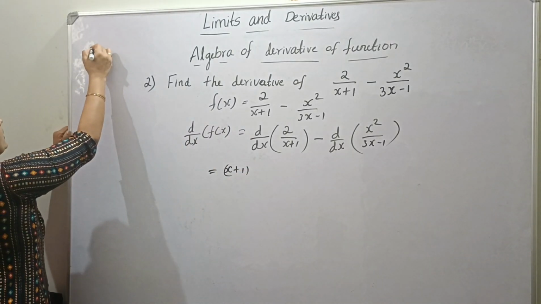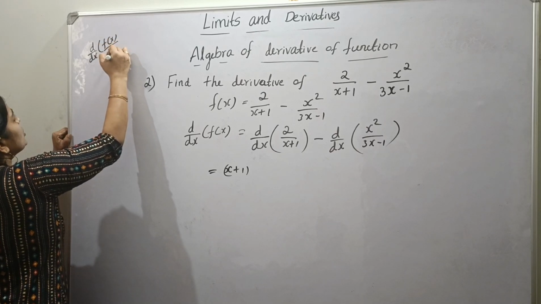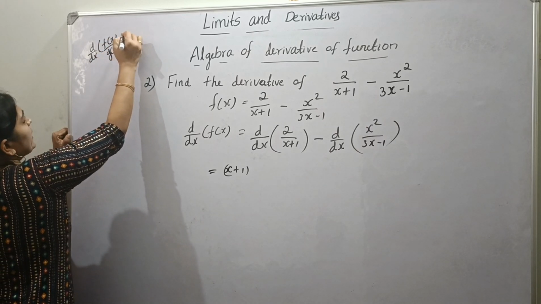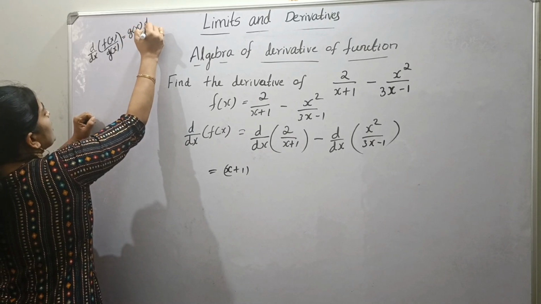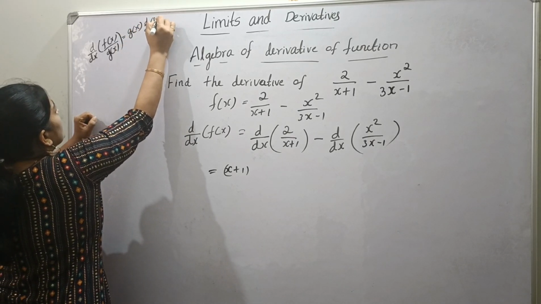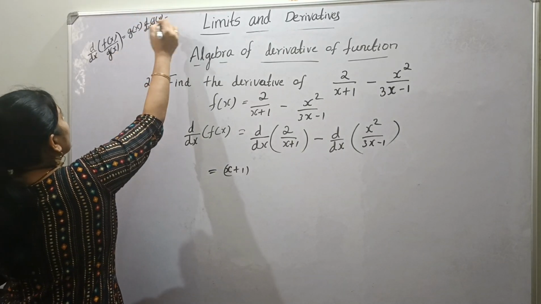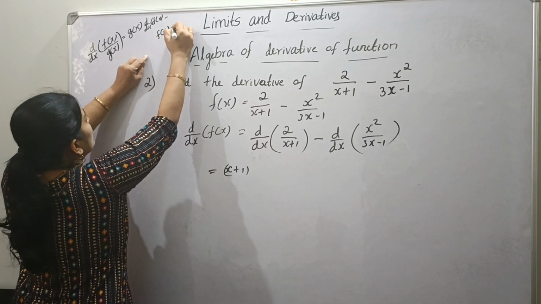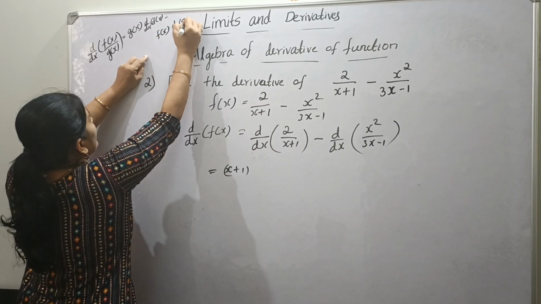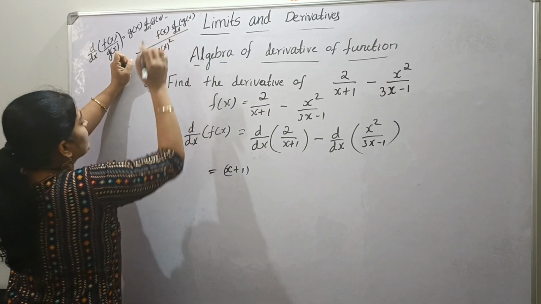we know that d by dx of f of x divided by g of x, quotient rule, that is equal to g of x into d by dx of f of x minus f of x into, that is numerator, into d by dx of g of x, whole divided by g of x whole square, right?